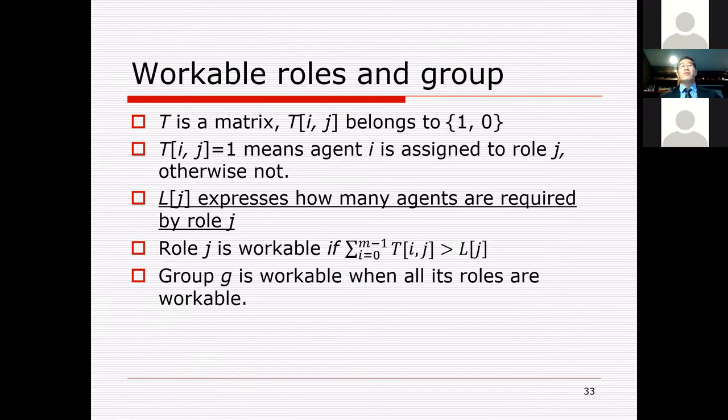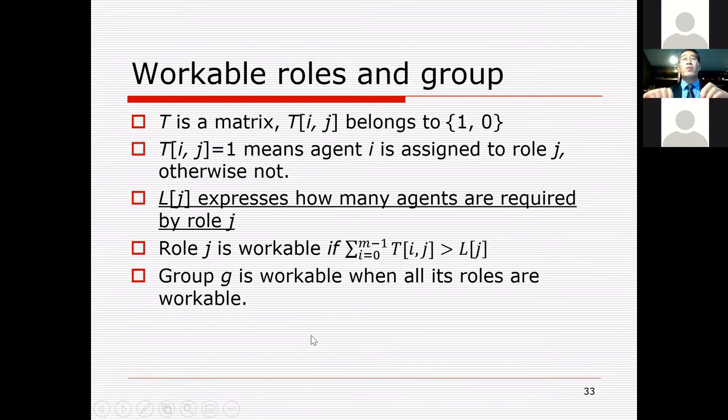So now we have some definitions, actually easy to understand. T is a matrix, an assignment or not assignment; 1 means assignment. L means how many agents are required for each row. A row is workable if it has a sufficient number of assigned agents, so here it should be larger or equal.